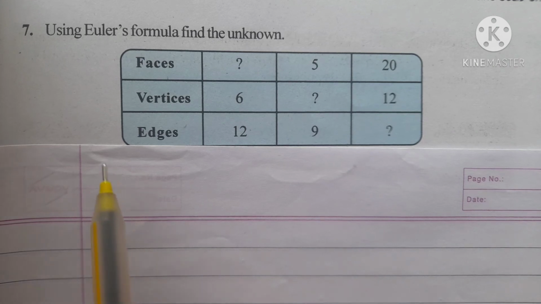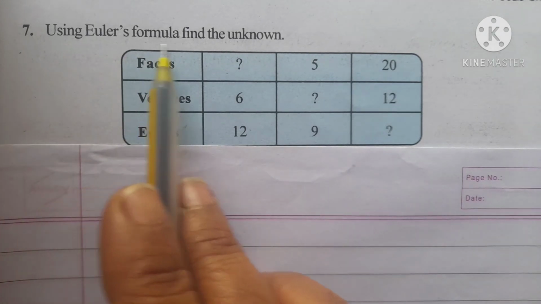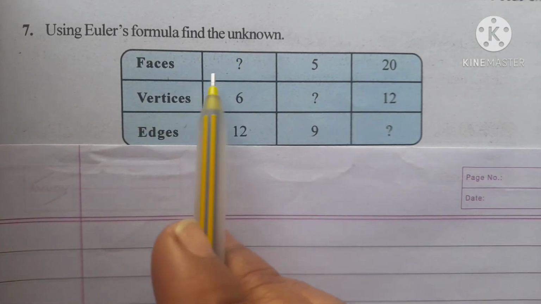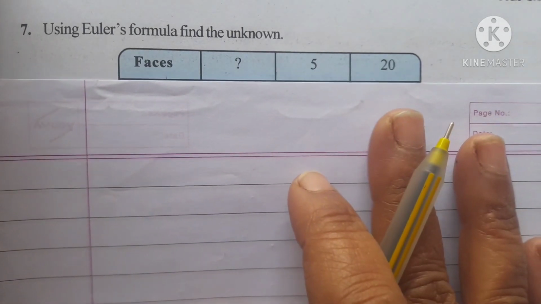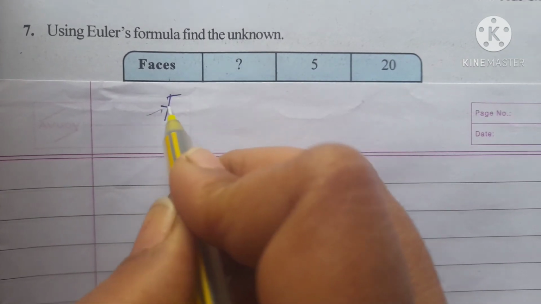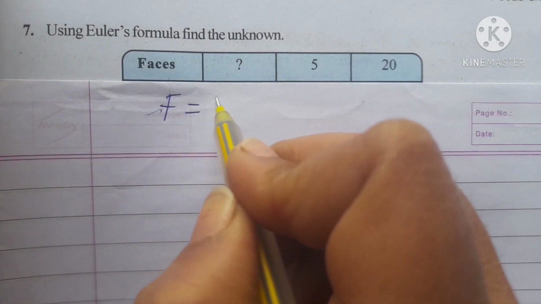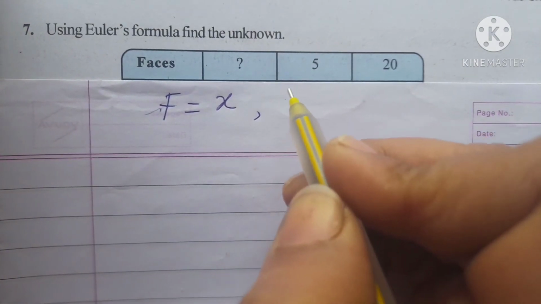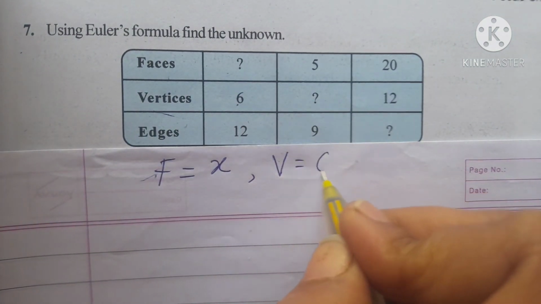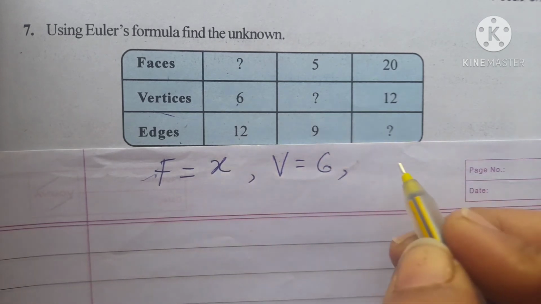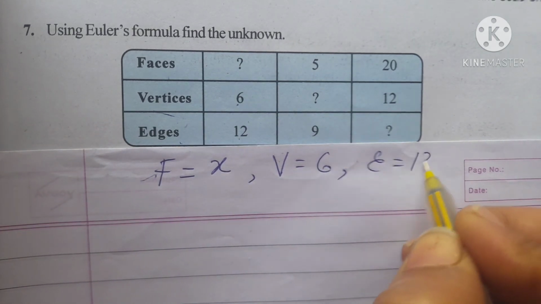Now moving on to question number 7. Using Euler's formula find the unknown. Here faces is unknown. So first we'll write what is given. Faces is unknown. Let it be x. Vertices is 6, so V is equal to 6. Edges is 12, so E is equal to 12.